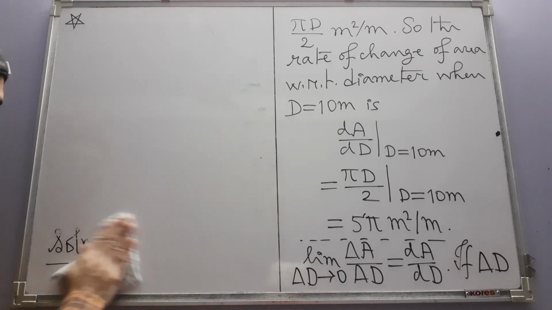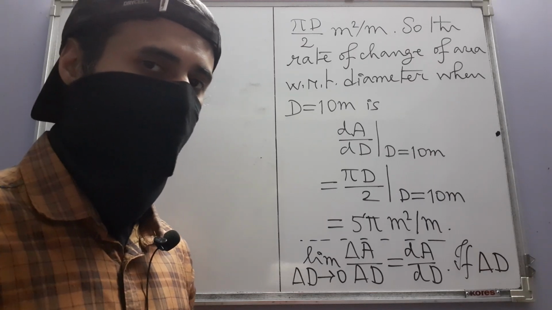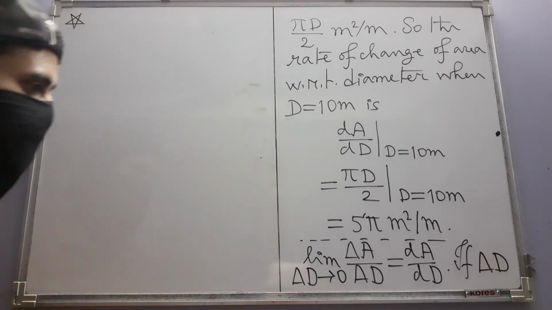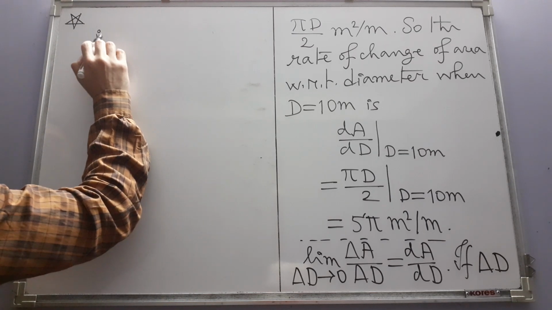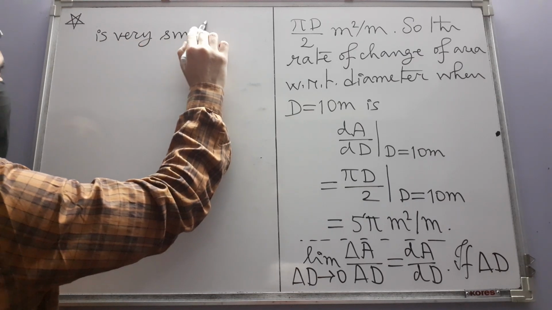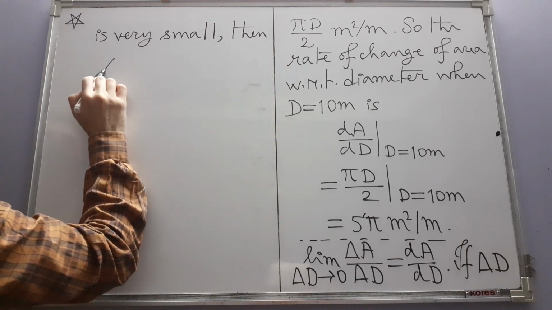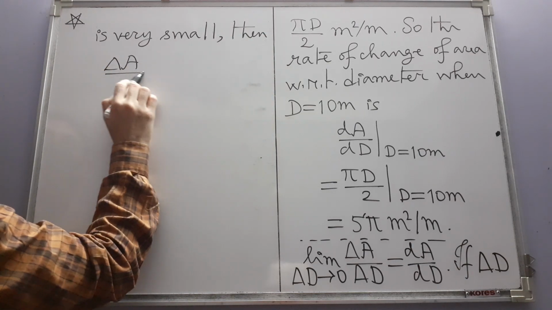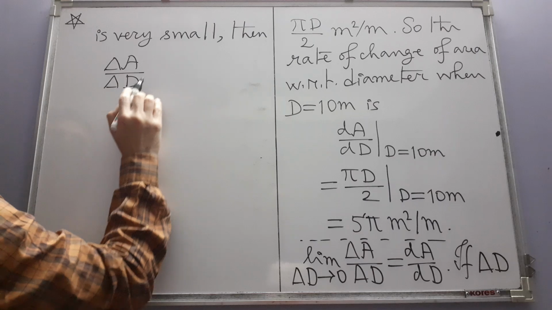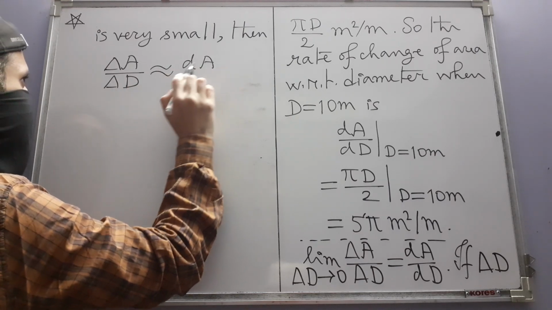But in a given context, you can call some things small. If delta D is very small, then delta A divided by delta D is approximately equal to the derivative.